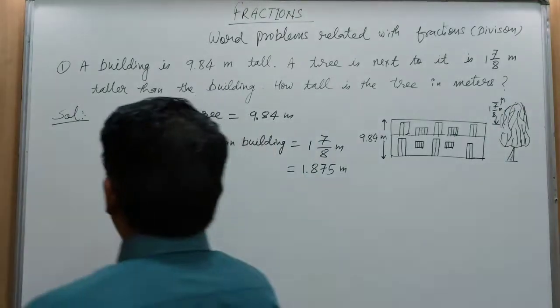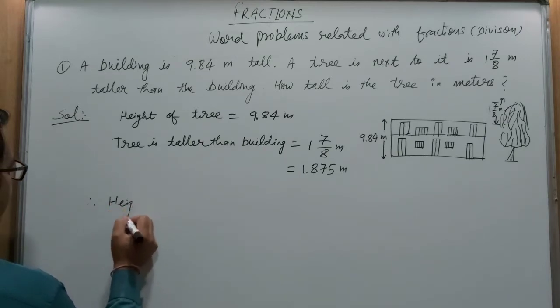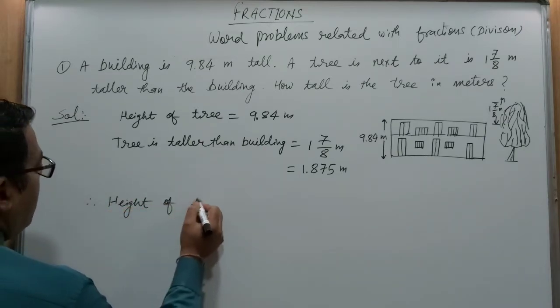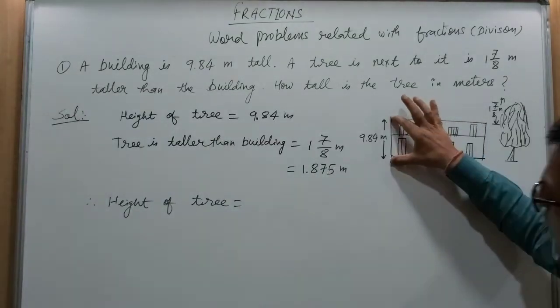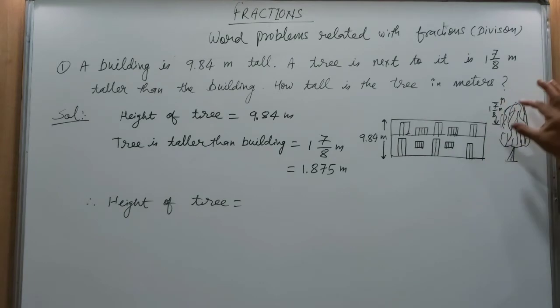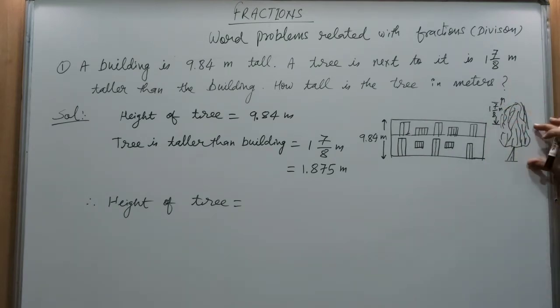Now the question is, find the height of the tree. So how can we find the height of the tree? This length is already given, and this length you already know. So you need to find this much distance first.